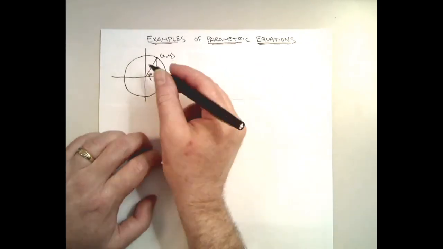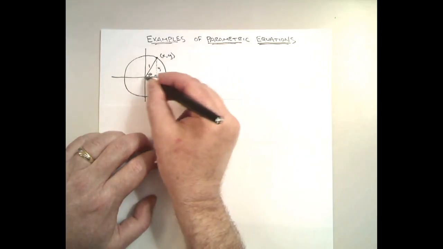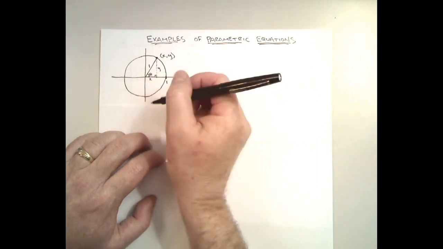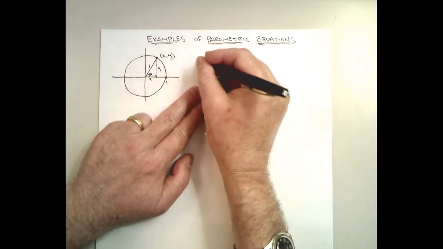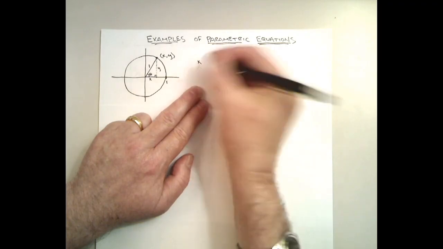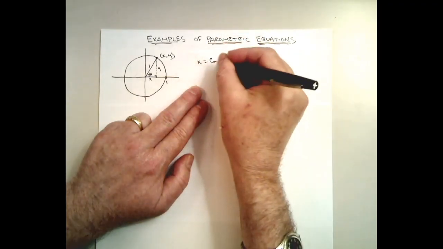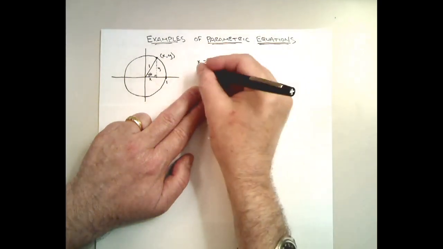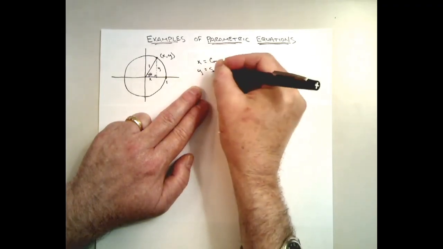Then the adjacent side of that angle, which is x, divided by 1 is the cosine of that angle. So x divided by 1 is equal to the cosine of theta, and similarly, y divided by 1 is equal to the sine of theta.